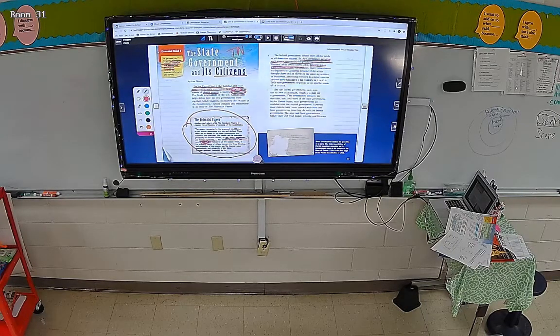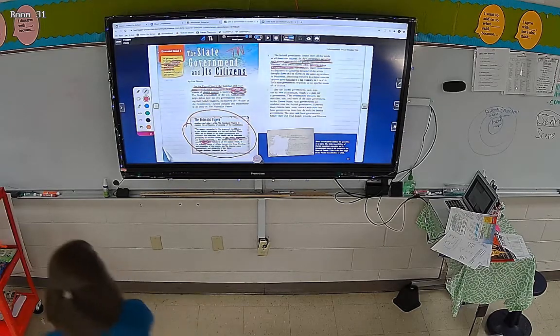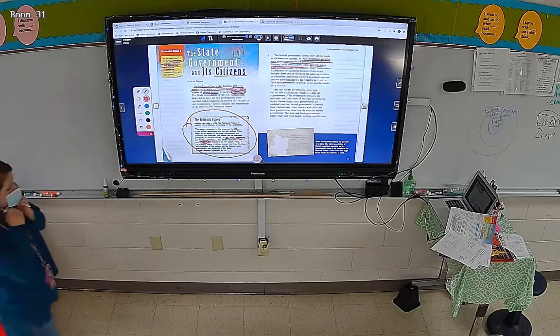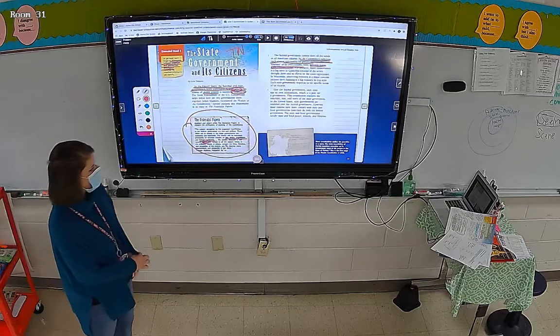However, most citizens have more contact with state and local governments than they do with the federal government. The state and the local government handle police, schools, and liberty.